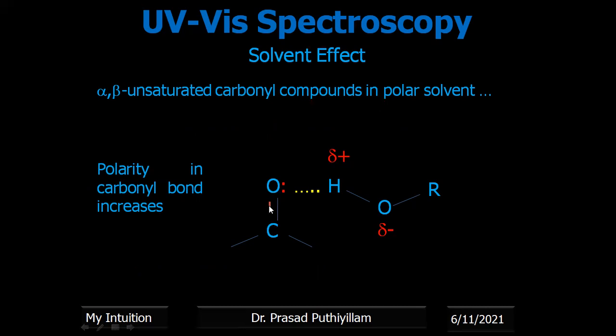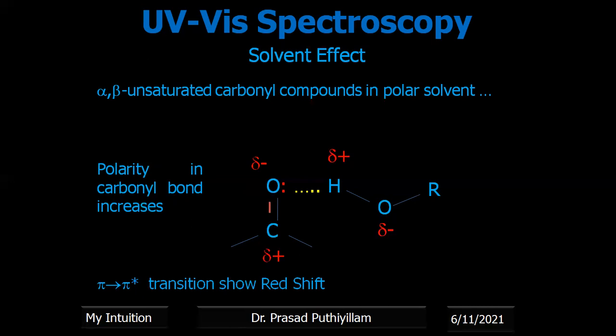Therefore, it becomes more free. That means it needs lesser energy to absorb. We can say the partial negative and partial positive charges are there. Therefore, the pi to pi star transition requires lesser energy. Lesser energy means a higher wavelength. That means it goes to a red shift.